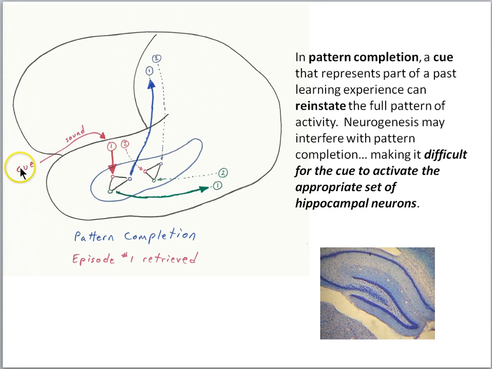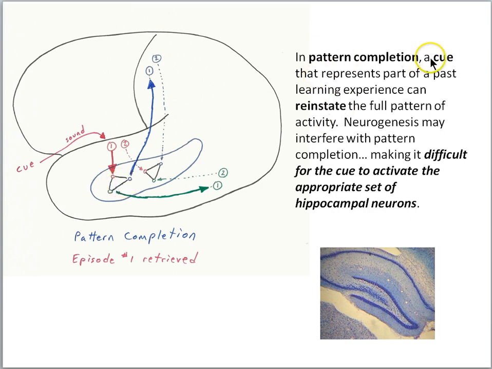And in this diagram, we're showing that a cue from episode 1 or event 1 is being experienced. Well, that will reactivate the engram or the memory trace for event 1, but not event 2. And so we'll be retrieving the memory for event 1. And this, we said, was pattern completion, that the cue will reactivate that hippocampal memory trace.